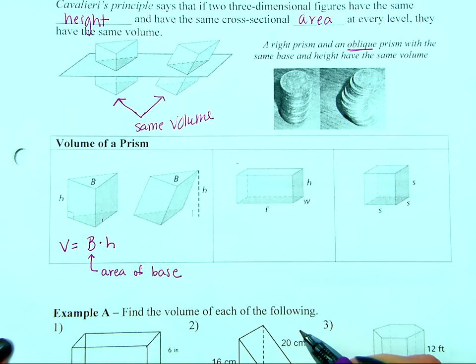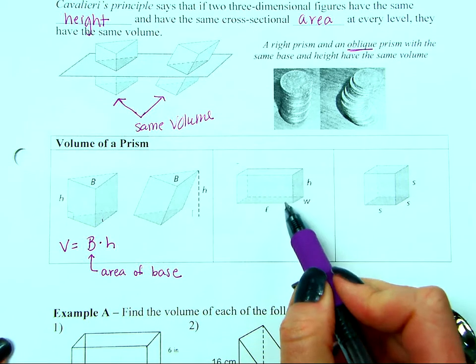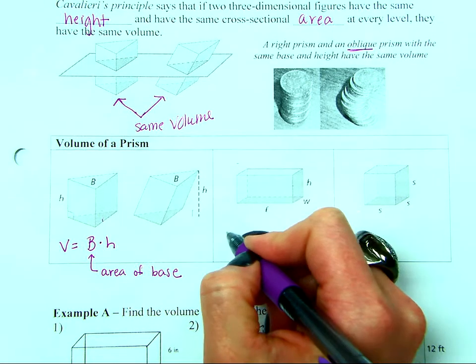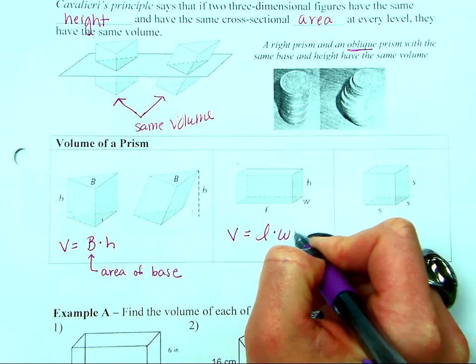And our base, we know, for prisms can be different shapes. In this case, it's a triangular prism, but in this case, I have a rectangular prism. So the way that you calculate volume depends on the shape of your base. Now, you probably learned in middle school that your volume for a box is simply length times width times height.